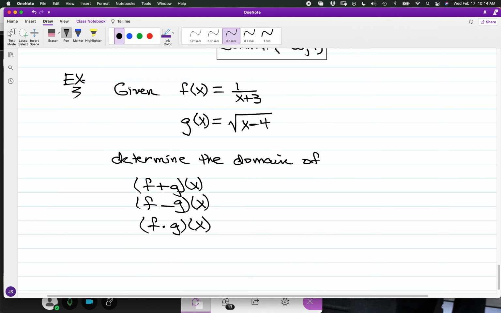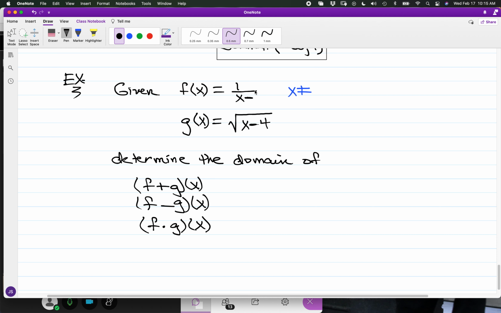Now all of these will have the same domain, and they'll be formed by combining the restrictions for f of x and g of x. So for f of x, to be able to work with f of x, x plus 3 cannot be 0. In this case, let me change this. I want to give you a visual.